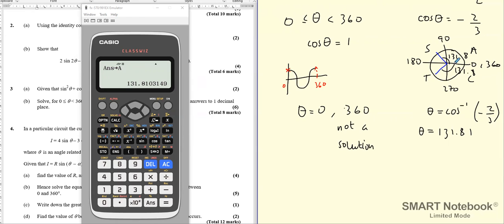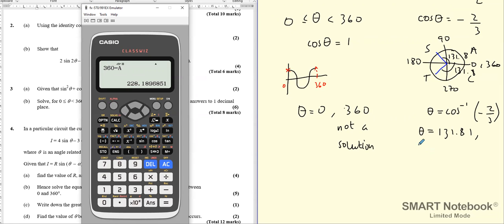Now the first one's already been done, from 0 to the first blue angle. To get to the second angle, I'm going to do 360 minus A.